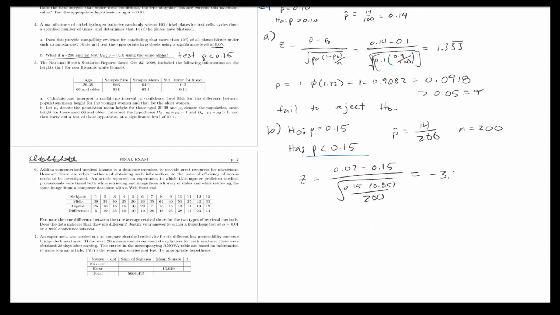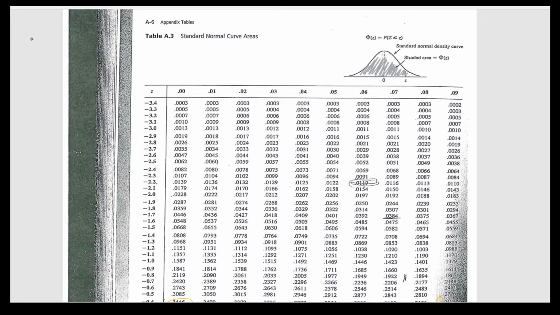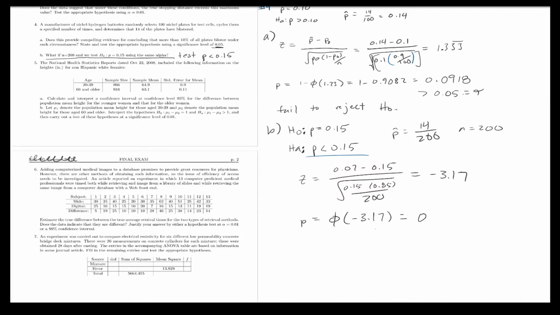Negative 3.17. We'll round it. So p is going to be phi of negative 3.17. Looking that up in our chart, negative 3.17 is here, 0.0008. Very good, Bradford. Aha, yes, reject the null.